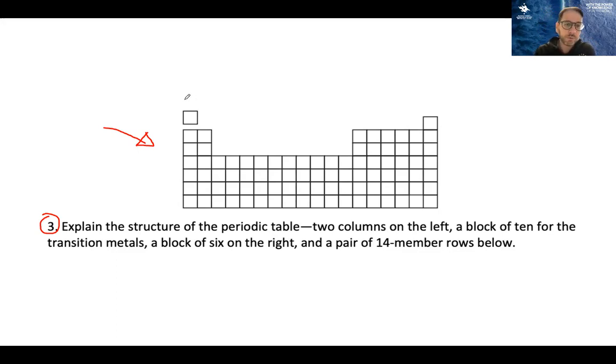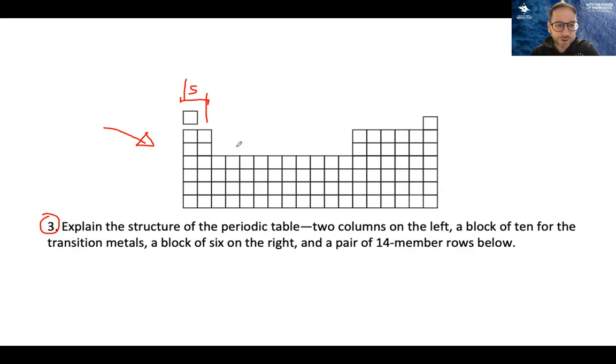So for example, the 2 columns here on the left, these are the elements of the S block. They are in the S block because their valence shell configuration, so the outermost electrons, are in S orbitals. So here we have the alkali metals and the alkaline earth metals.